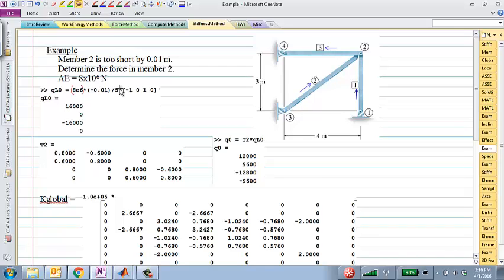So this entire thing is AE over L times delta L, and this matrix is equal to minus 1, 0, 1, 0. Right? This is exactly what we had on the handout on the previous page.